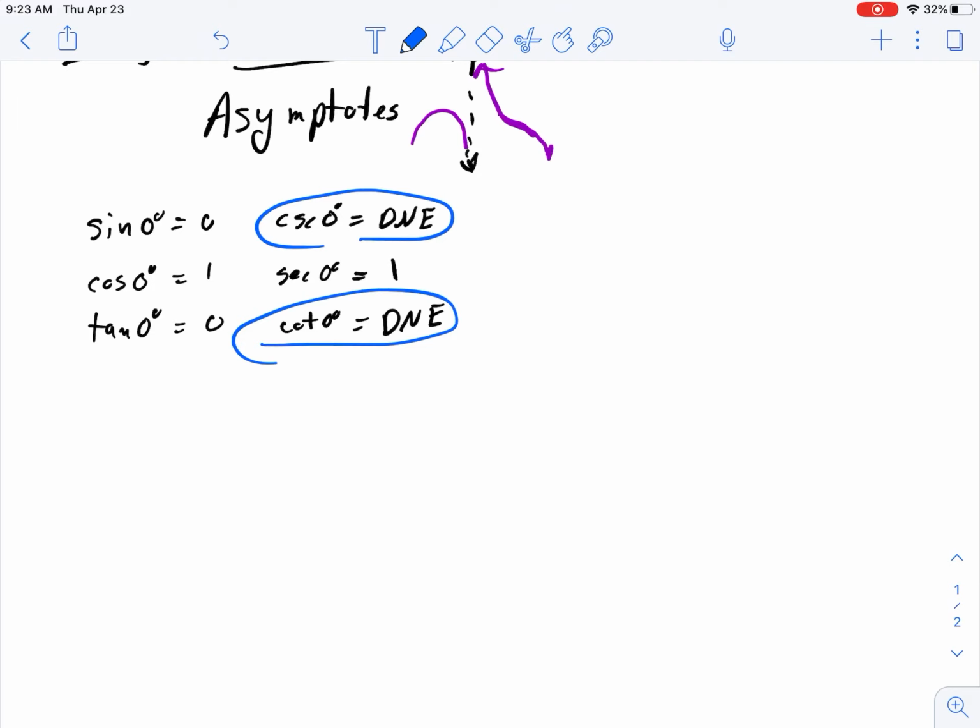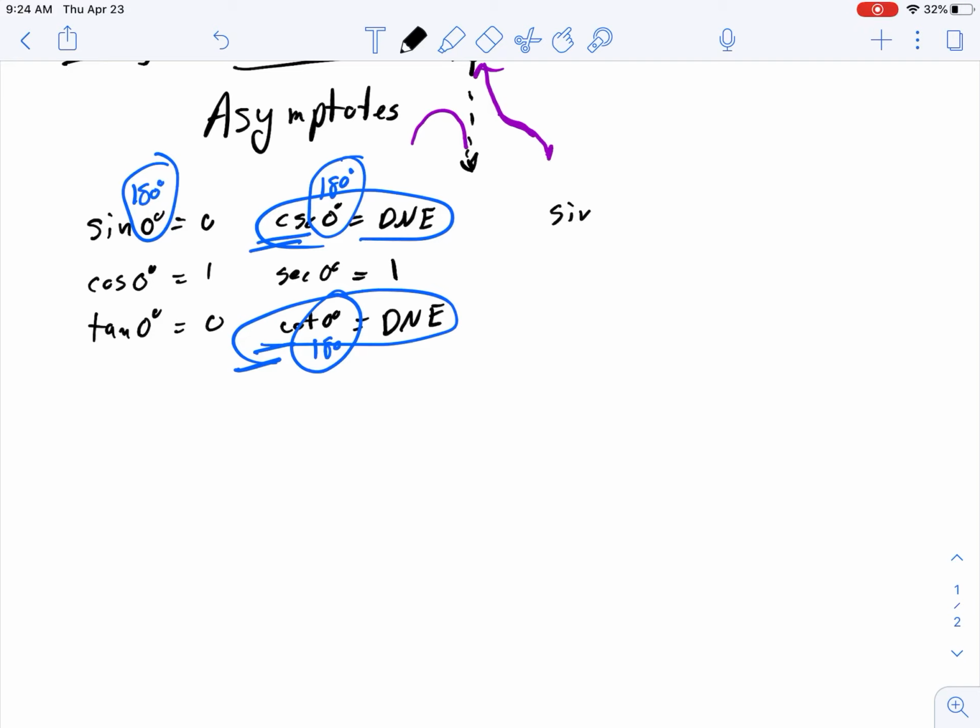And you actually only have to remember a couple of these, because when you have 0 degrees, that's the same thing as 180 degrees. So therefore, you also have asymptotes at 180 degrees. So that's where you have them for cosecant and cotangent.